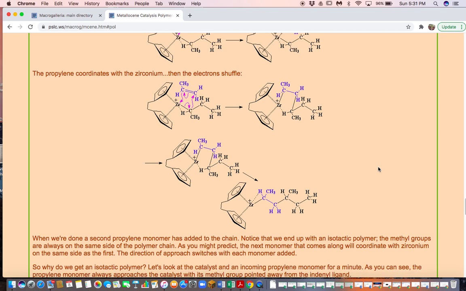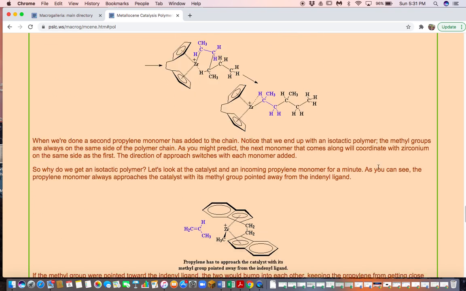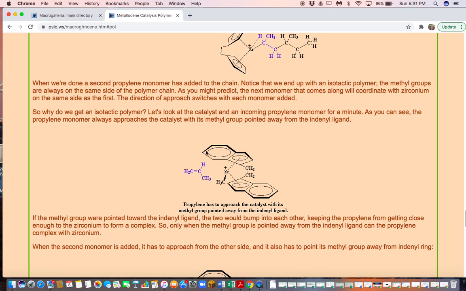Okay? The reason this happens is because of the design of this zirconocene, right? Remember we had something like this. These little extra six-membered rings, these indenyl groups, basically act as little overhangs that prevent the monomers from coming in from a certain side.